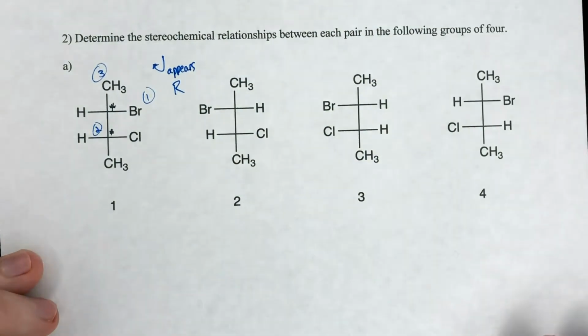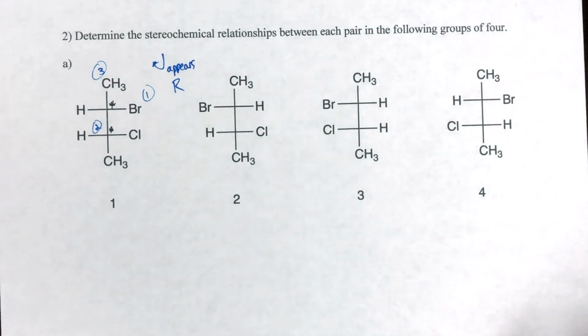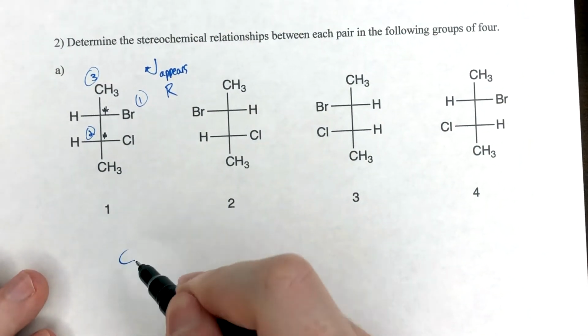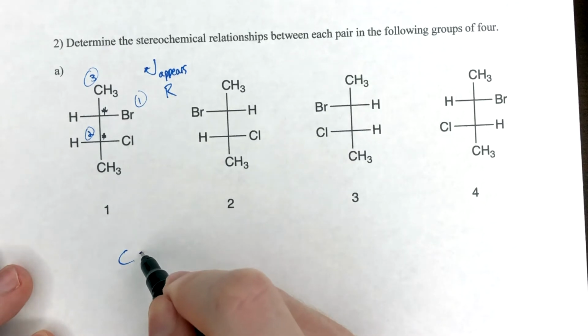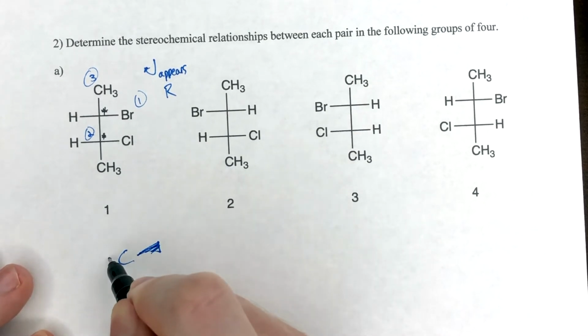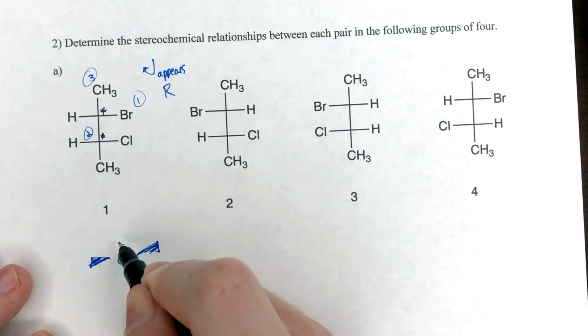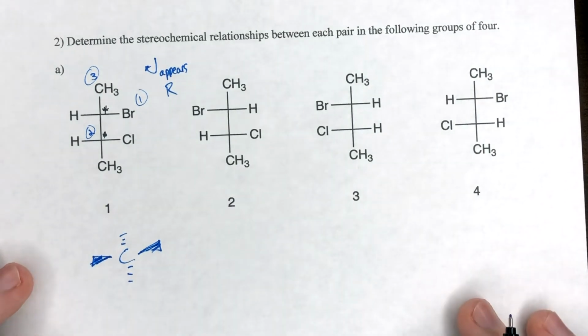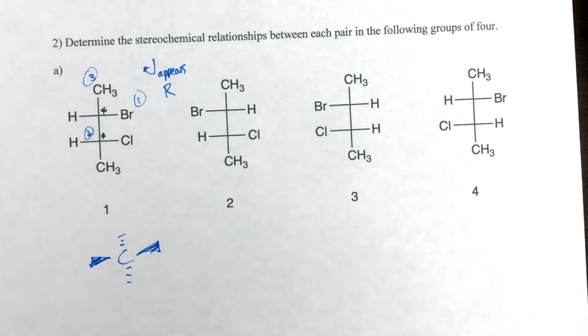But now we need to remember what the Fischer projection is actually showing. The Fischer projection shows a carbon with the horizontal bonds as wedges and the vertical bonds as dashes. The lowest priority is the hydrogen, which is on the horizontal, so on a wedge.